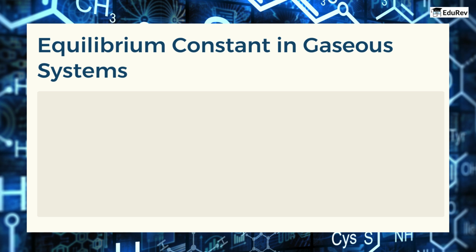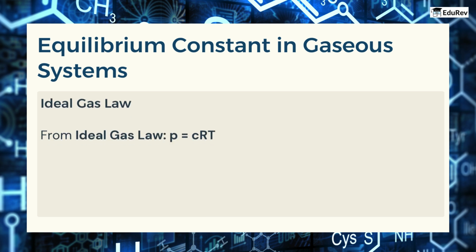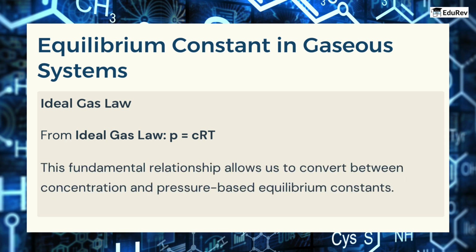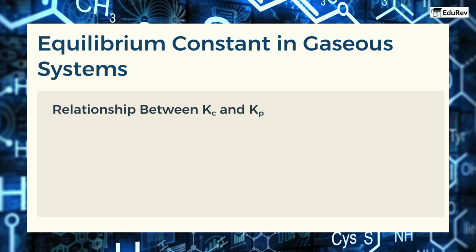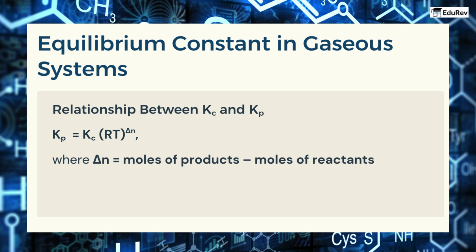Now let's discuss equilibrium constants in gaseous systems. Using the ideal gas law, where pressure equals concentration times RT, we can convert between concentration and pressure-based equilibrium constants. The relation is Kp equals Kc multiplied by RT to the power delta n, where delta n is the difference in number of moles of products and reactants.